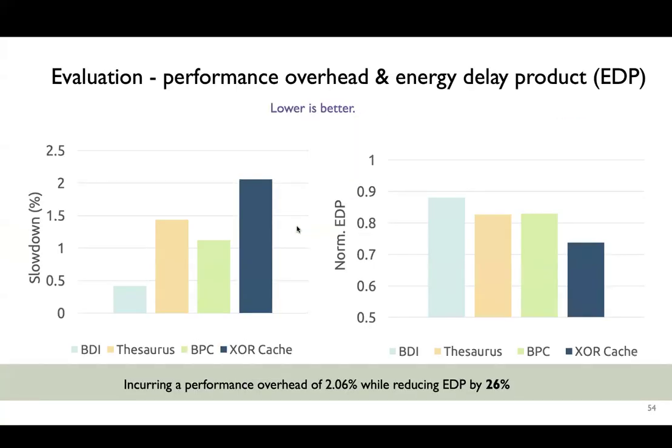XOR cache does have a slowdown, a performance overhead of 2%, but summing everything up, it still achieves a reduction in EDP, which is energy delay product, by 26%.